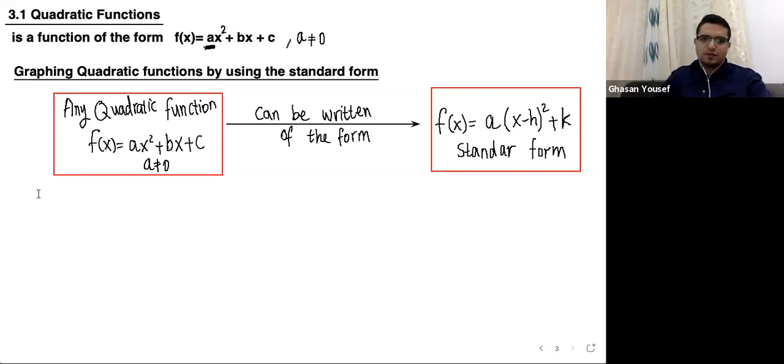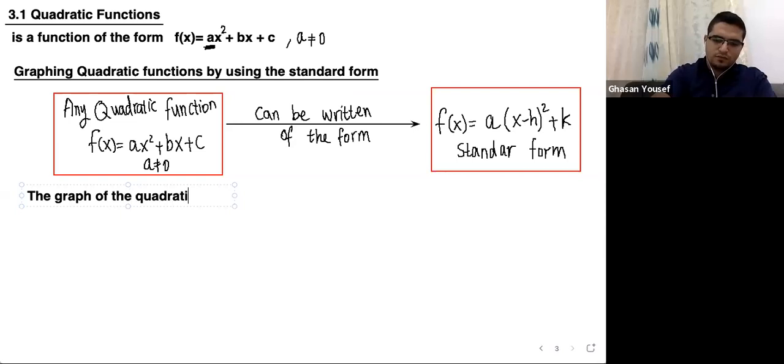So first of all, some very important notes. The graph of the quadratic function is a parabola with the vertex h comma k.